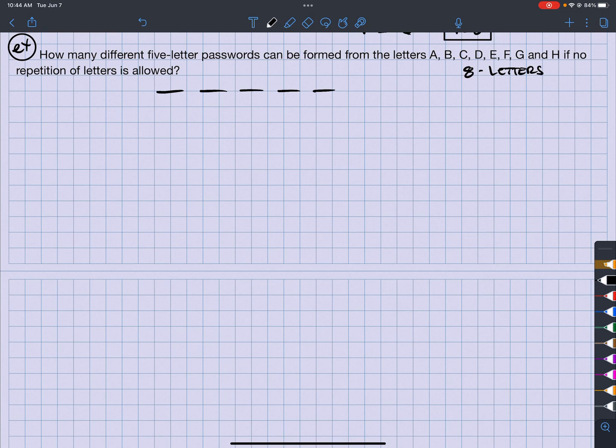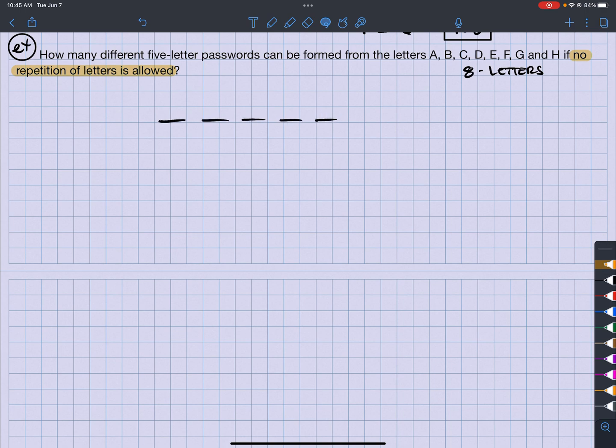Awesome. So the 5-letter password, and here's the biggest part, it says no repetition of the letters is allowed. So that means once I use one, it's done with, right?